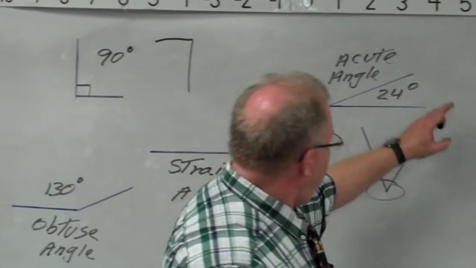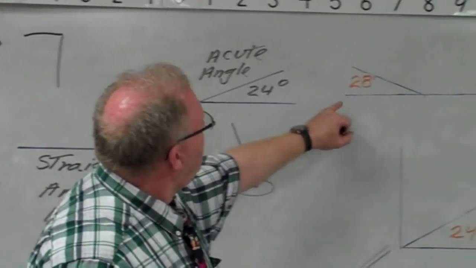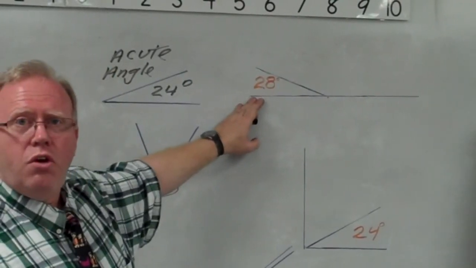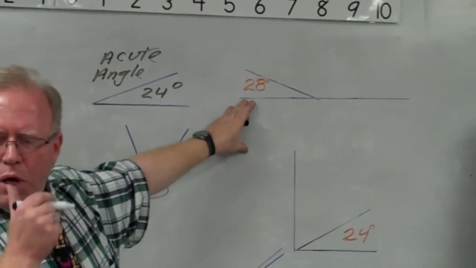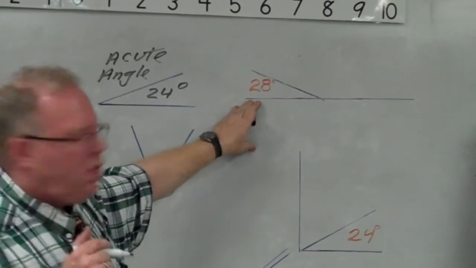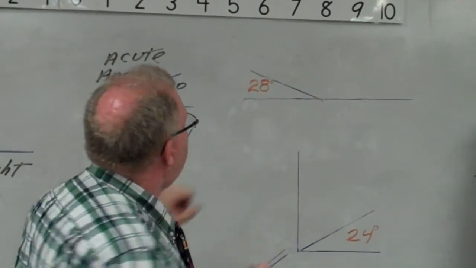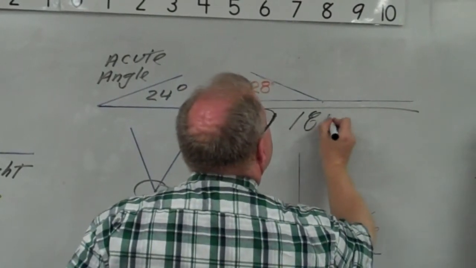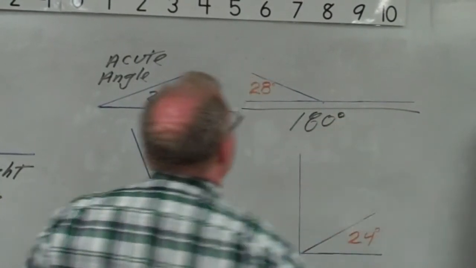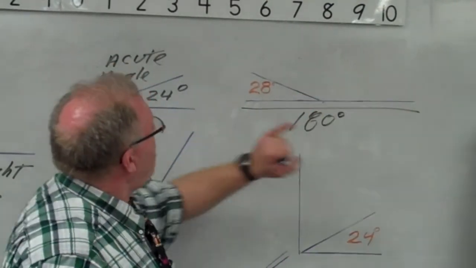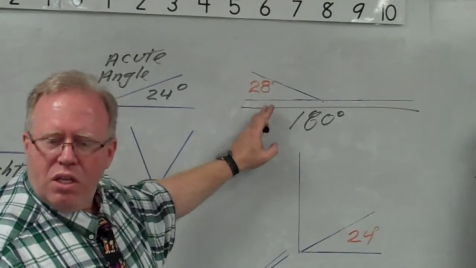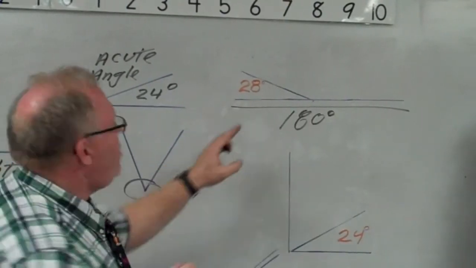Let's look over here. This is different. We have 28 degrees here. That's obviously an acute angle. But what do you think this is going to be? This, we know, is 180. So I need to find out what that is. If I took 180 and subtracted 28 from it, do you think I'd find out? Let's see.